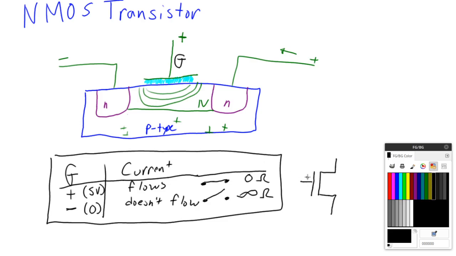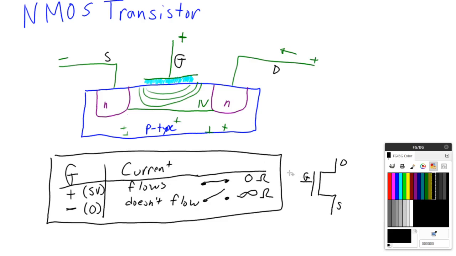Where this is our gate. And so these are just the two terminals. If you really want to get specific, this is the drain and this is the source. So this is the symbol that we typically draw.